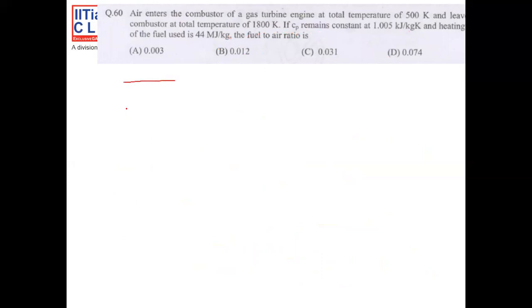So if this is the combustor, the combustion chamber, this is the entry of the combustion chamber, this is the exit of the combustion chamber. So the total temperature at the entry of the combustion chamber is T01, and the total temperature at the exit of the combustion chamber is T02.